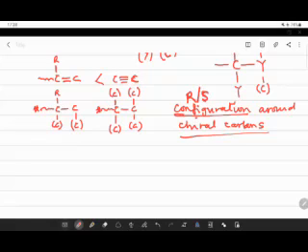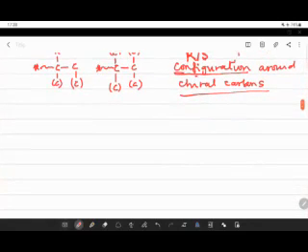We talked about enantiomers as chiral molecules that are mirror images of each other, but they are non-superimposable. They relate to each other like the left and the right hand. We talked about stereoisomers that are not mirror images of each other as being called diastereomers.